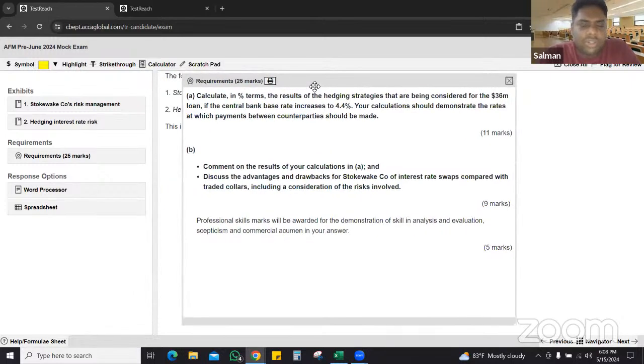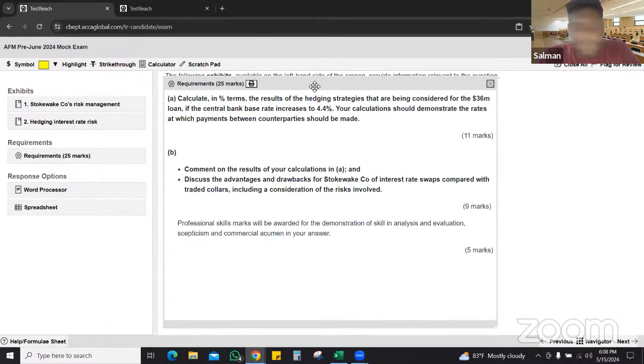So first, go through the requirements to have an understanding of what the examiners test. All right. So part A, calculate in percentage terms the results of the hedging strategies that are being considered for the $36 million loan, if the central bank base rate increases to 4.4%.